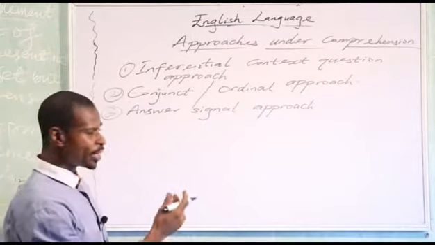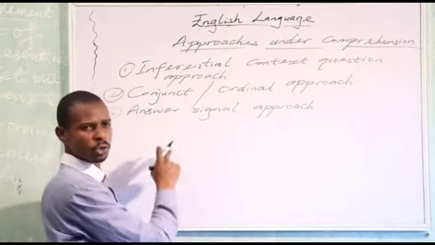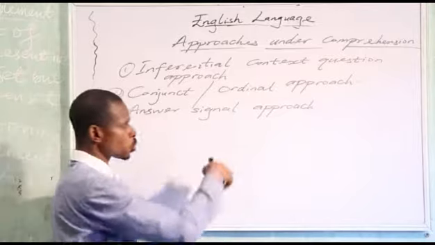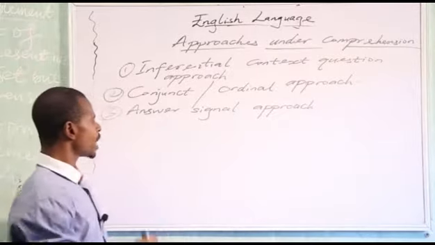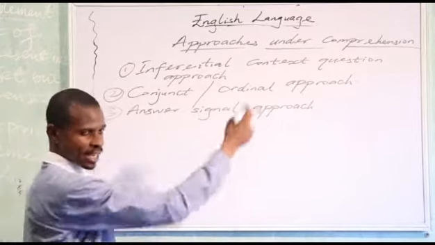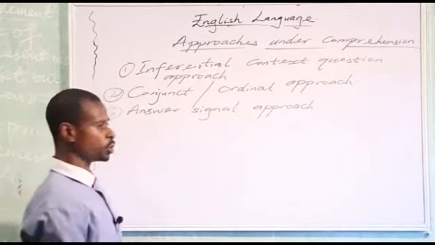If you're a good reader, you will know through the question being asked. So the question will direct you to the answer. That's why we call it the answer signal approach. So you quickly get the answer to the question being given to you.